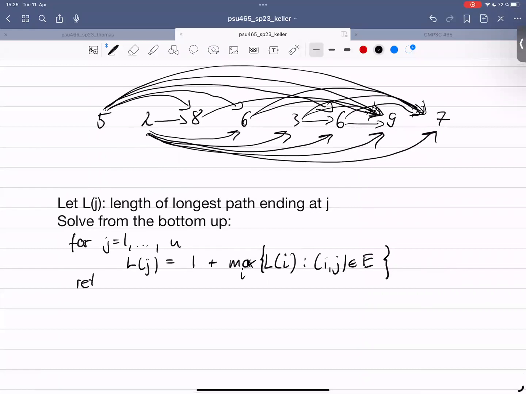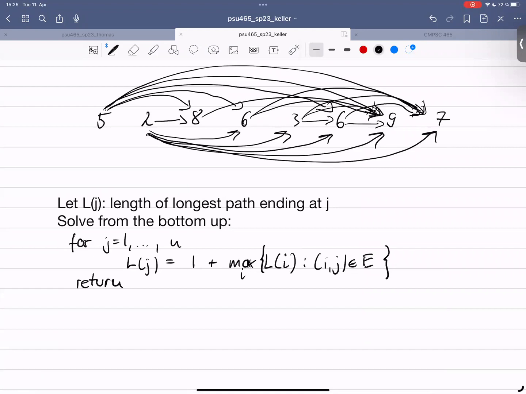And what do I return? Once I have computed this for all j's, and I have basically checked all predecessors and computed these numbers from left to right, what do I return in the end? What's the result? Yeah.